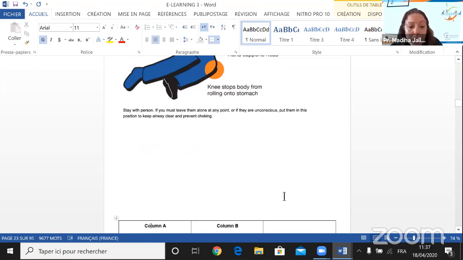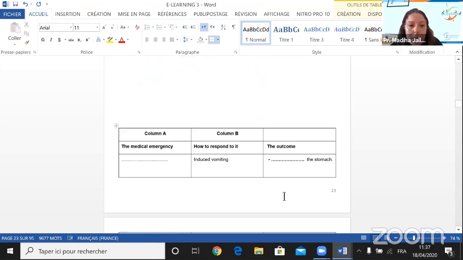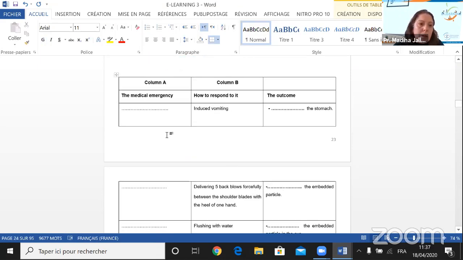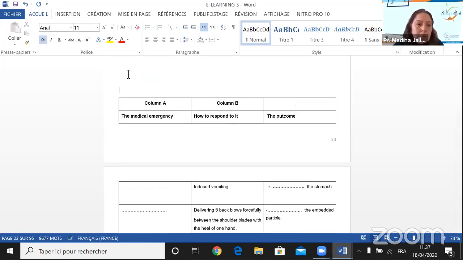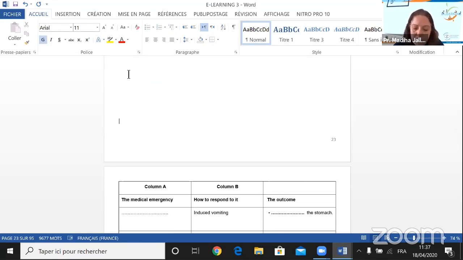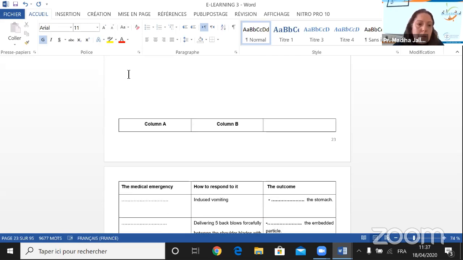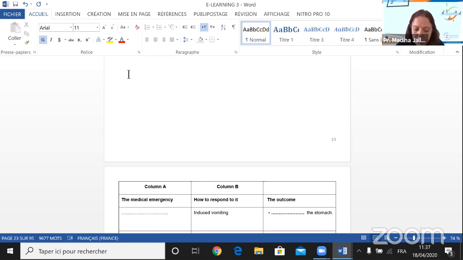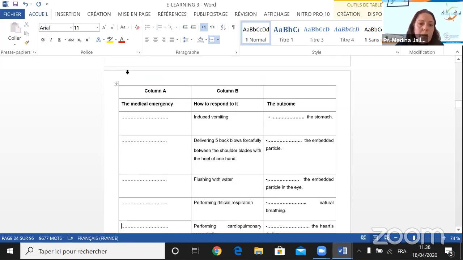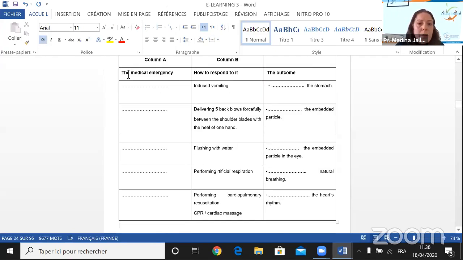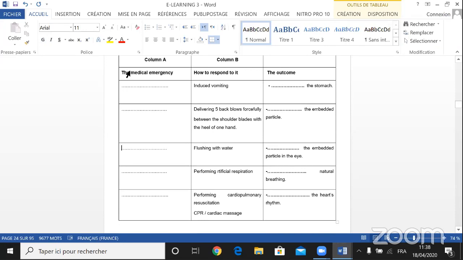Okay, nice. Here you have a table to complete. So this table here is composed of 3 columns.